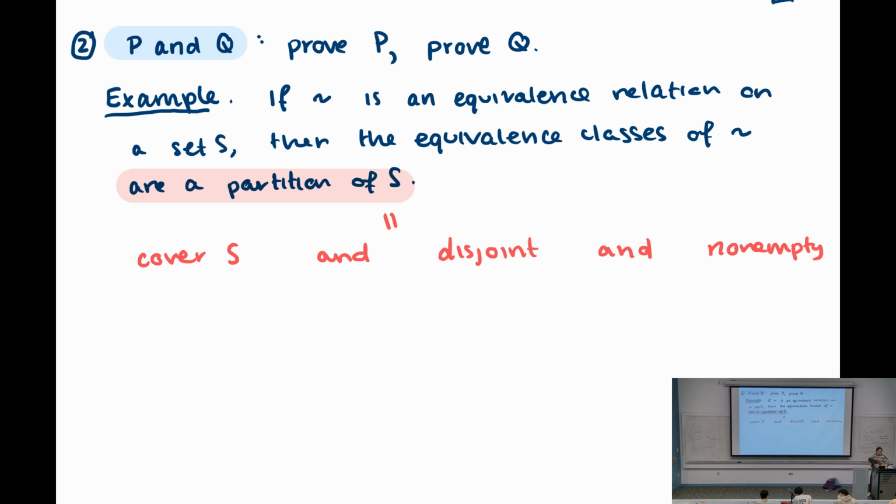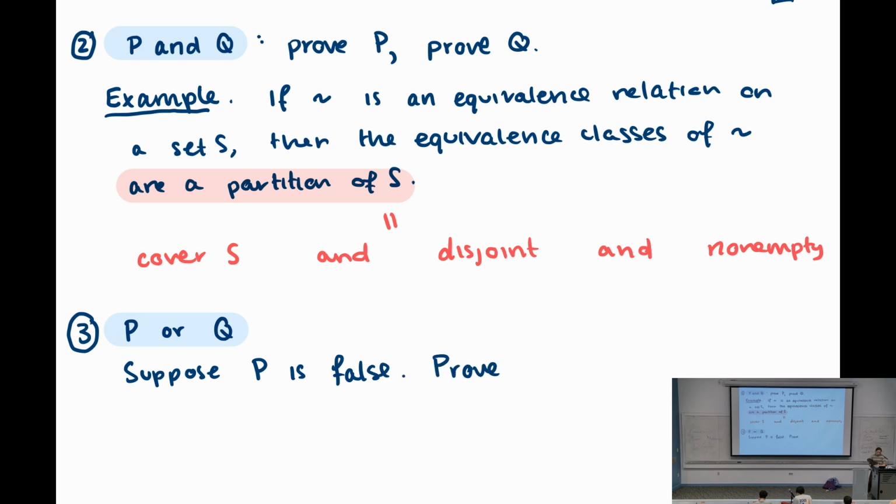Okay, so now I'll talk about or statements. If we want to prove something of the form P or Q, then a way that we could prove this is to suppose that P is false and then prove Q. That's sufficient to prove P or Q because in the scenario where P is true, P or Q also holds automatically.